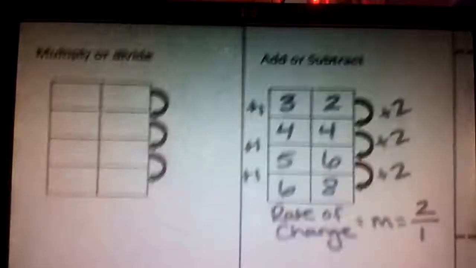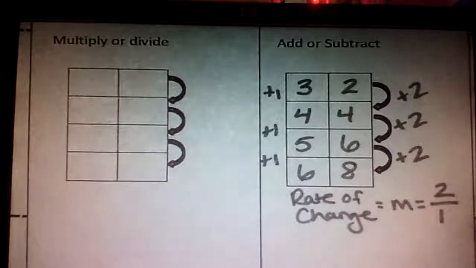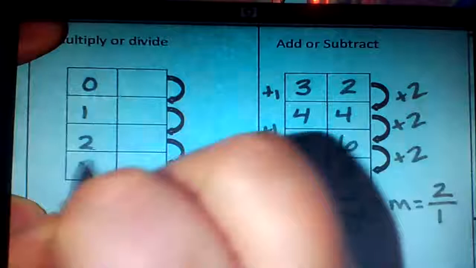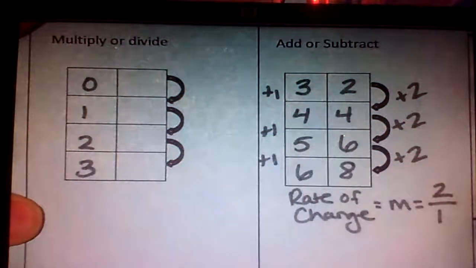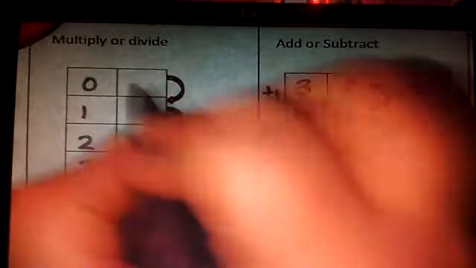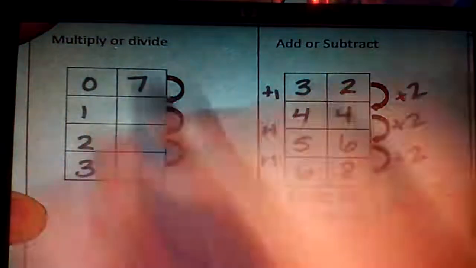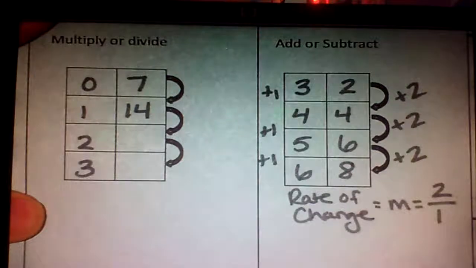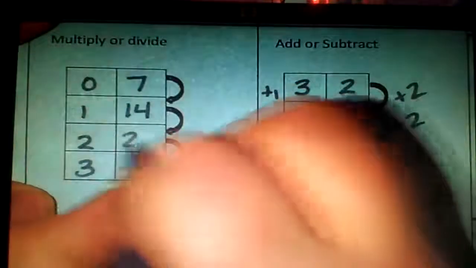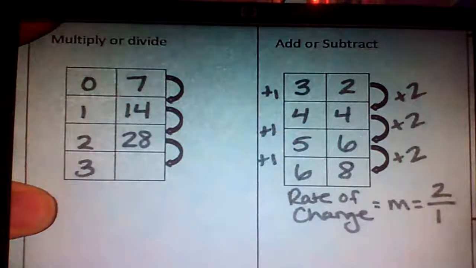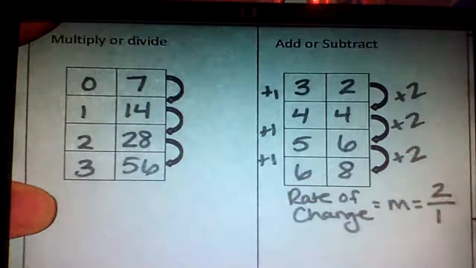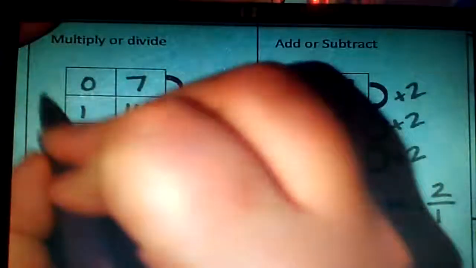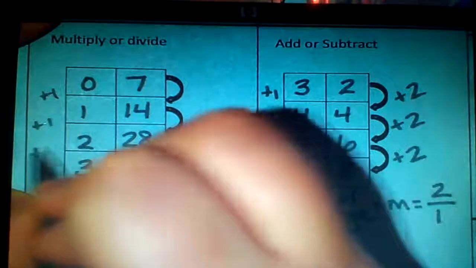Okay. Multiply or divide. Again, I want my x's to go up by 1, so let's do 0, 1, 2, 3. The y's are 7, 14, 28, 56. So plus 1 plus 1 plus 1 on the x's.